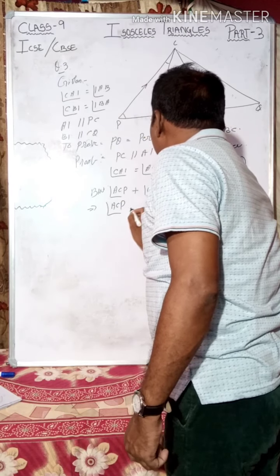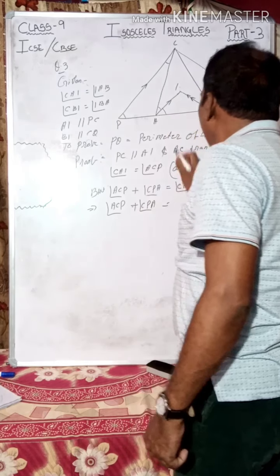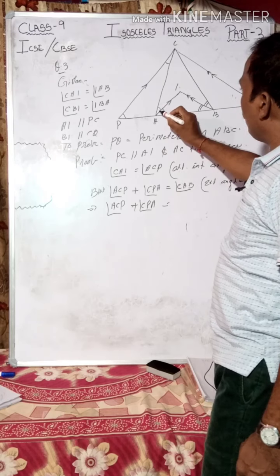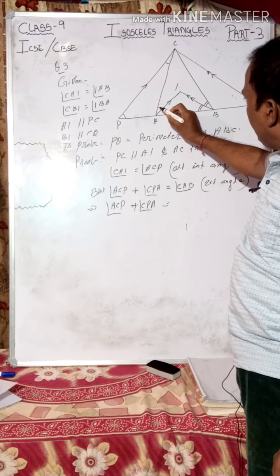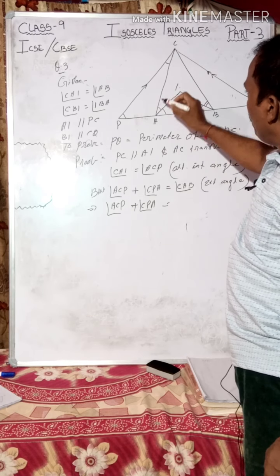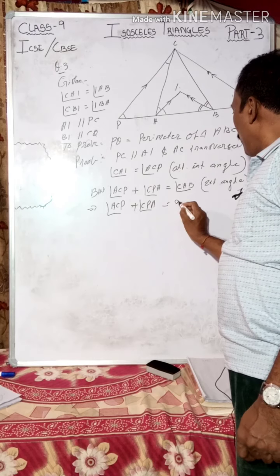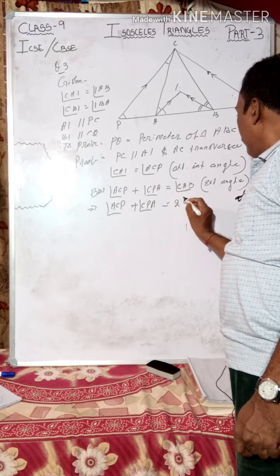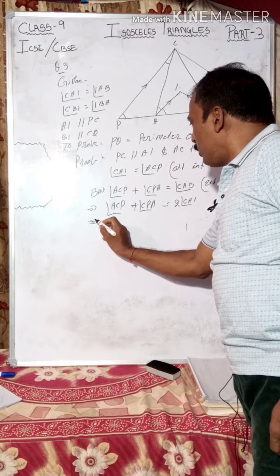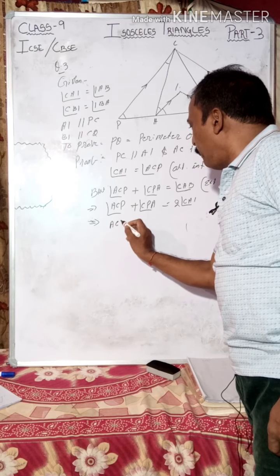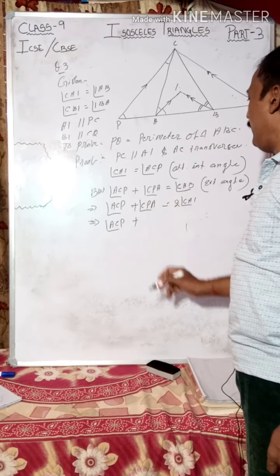In case of CAB, because this is the bisector of the angle, the total angle is double of this angle or double of this angle. So we can write it as 2CAI, double of CAI, that is equal to angle ACP plus angle CPA.